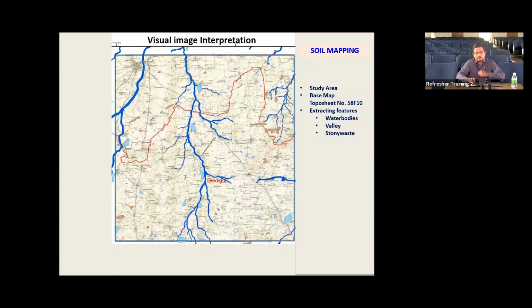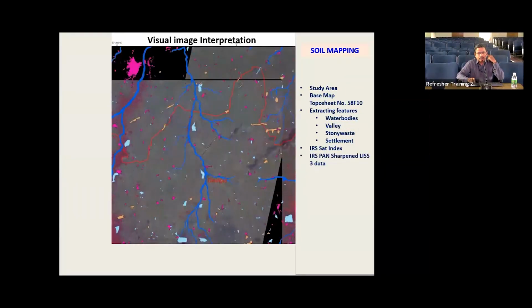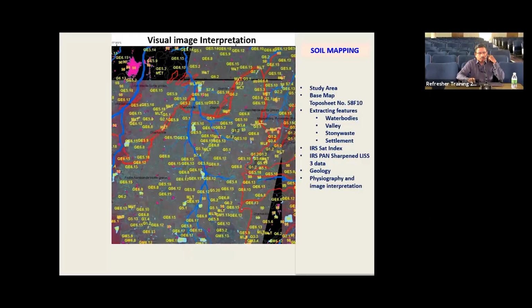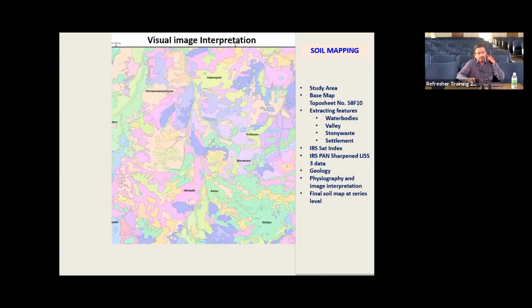Then stony waste we have to delineate, then settlements, the villages, other small places. And then we overlay the satellite images, then do the analysis of geology and physiography information. We identify the sampling points, then go for lab analysis. Finally, we generate the soil map.